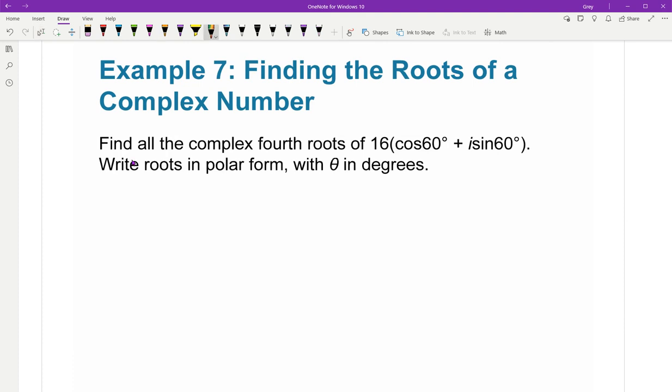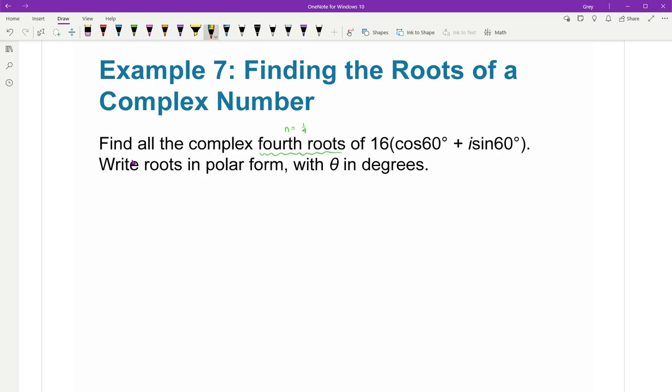Okay. They're asking us to find the roots of a complex number. Find all the complex fourth roots. If I'm finding the fourth root of a number, y'all, that means n is equal to 1/4. When I raised it to the 4th power, n was 4. So the fourth root means n is 1/4.